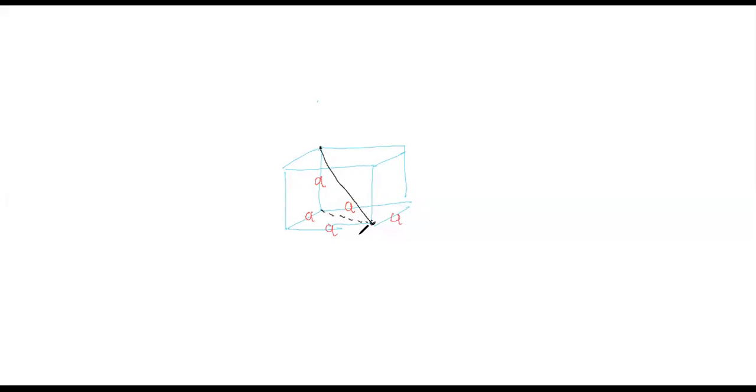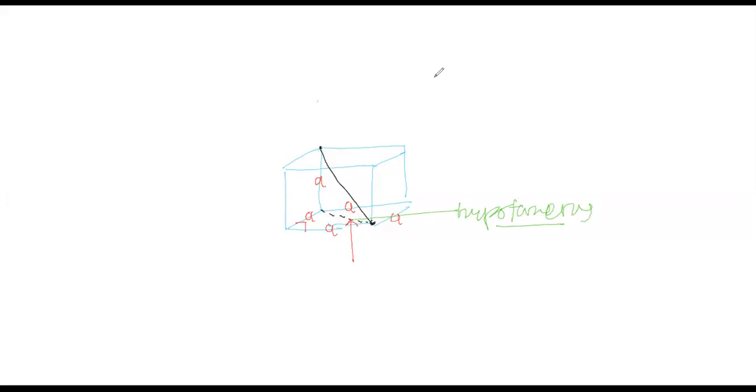So first of all, we should find out the length of this one. You can see all these corners are 90 degree. So this is the hypotenuse for a particular triangle.